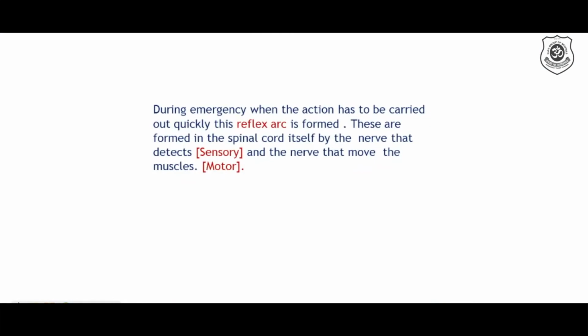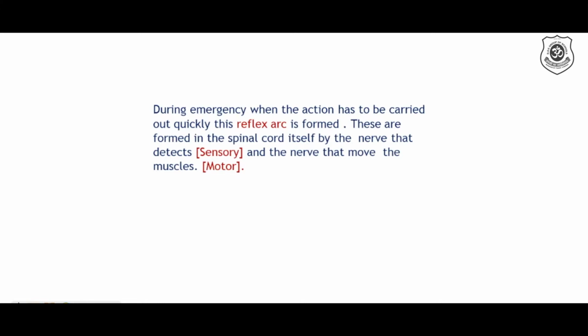Now let us learn more about reflex arc. During an emergency, when the action has to be carried out quickly, this reflex arc is formed. So wherever there is a necessity for a quick action, immediately a reflex arc is formed.